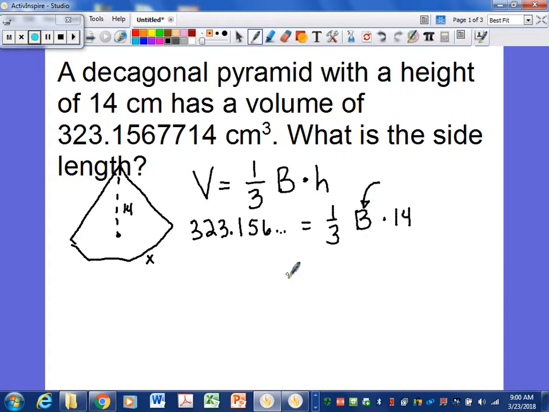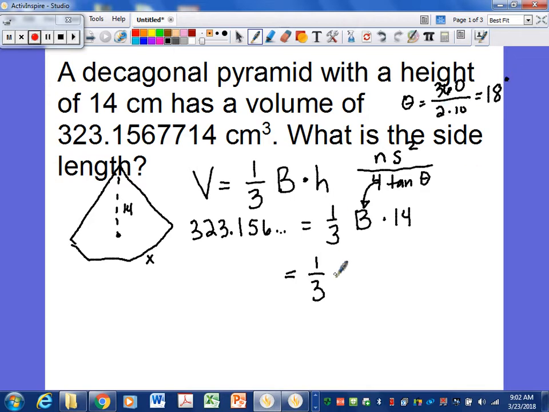Well, it turns out there's a pretty handy trig formula with just the base in mind. And that is n times the side length squared over 4 times the tangent of the trig angle, where the angle in this case is 360 divided by 2 times 10, 2 times the number of sides, which is 18 degrees.